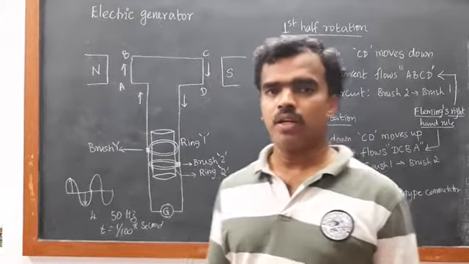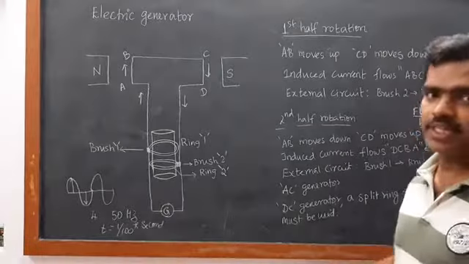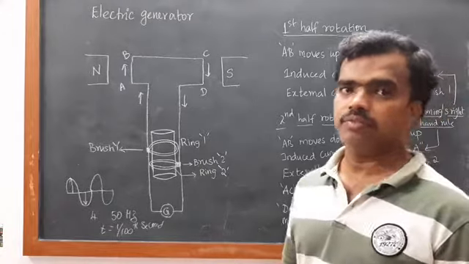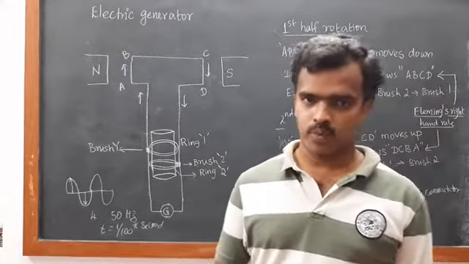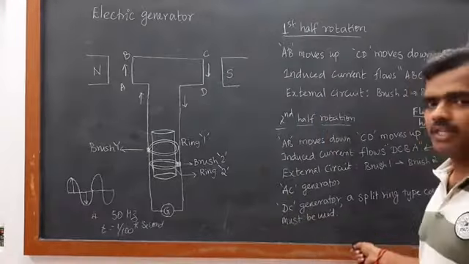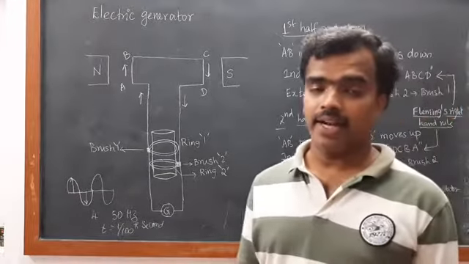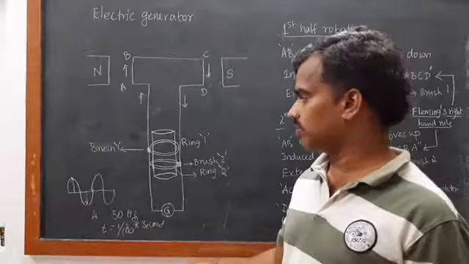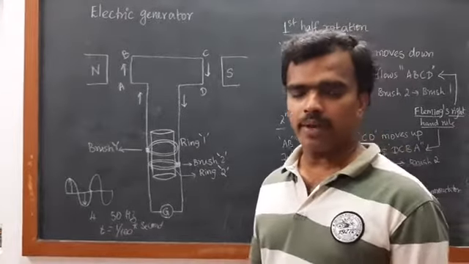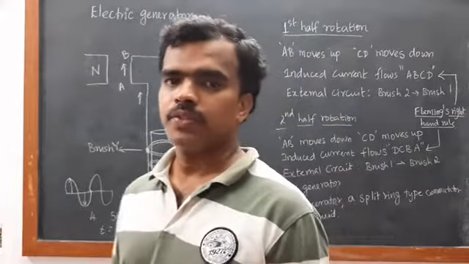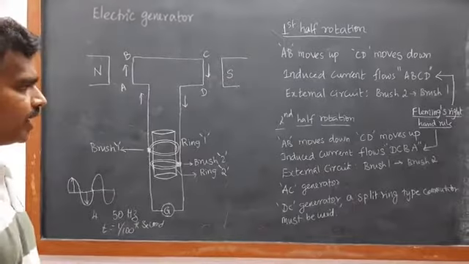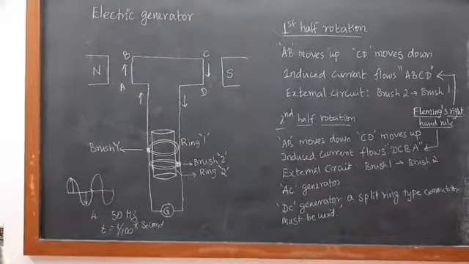If you pass DC current in the transmission line, we will get a lot of power losses. That's why we transmit alternating current, because it has a frequency of 50 Hz and varies with 1 by 100 seconds, and it will not have much energy loss. I hope you understand well.